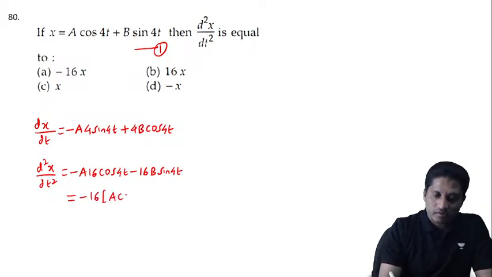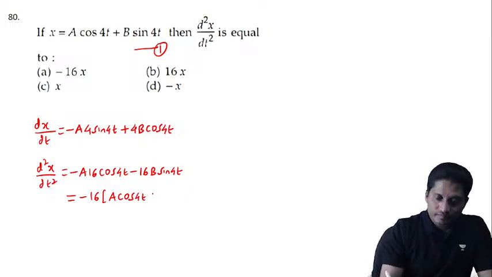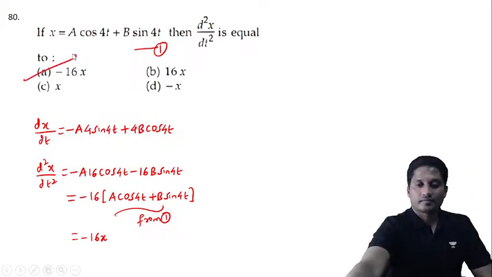This is a cos 4t plus b into sin 4t. Okay, this is from equation 1, x, right? So this is minus 16x. That's the answer. Answer is option A.